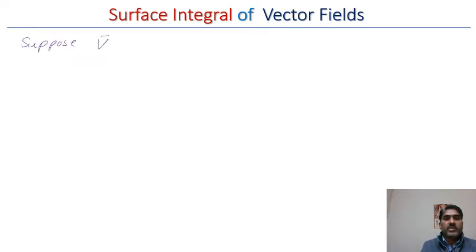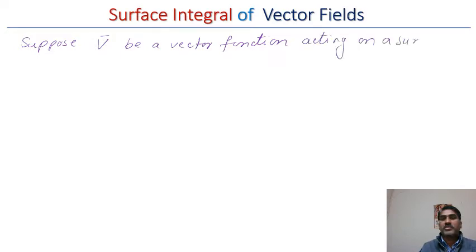Suppose v is a vector function defined on a surface S, given by phi x y z is equal to c.